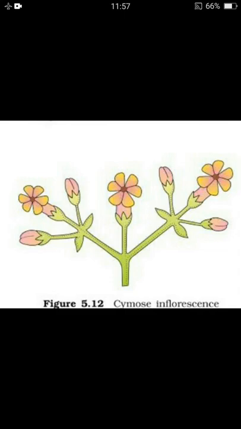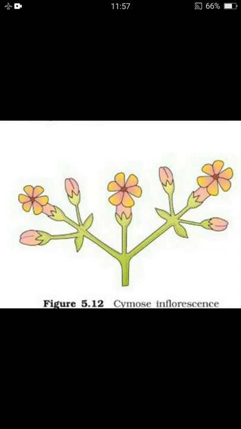See, buds are present at the basal region, nothing but new flowers are present at the base region, whereas the older flowers are present at the apex region or the top region. Understood? So this kind of cymose inflorescence can be seen in jasmine. Understood?